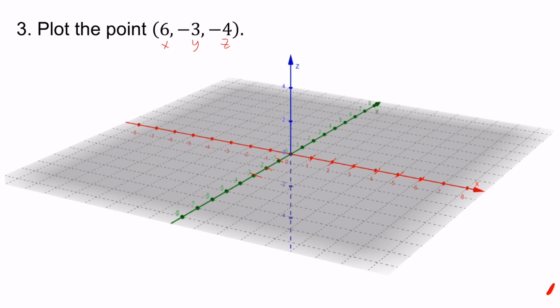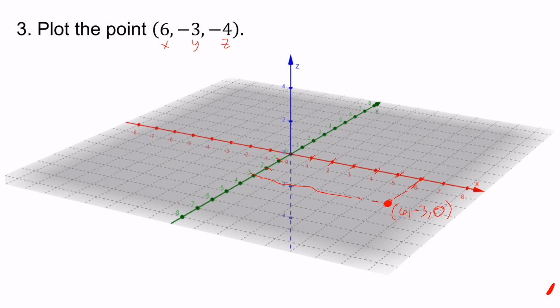So 6 and negative 3 intersect on the xy plane at this point. So this point only is 6, negative 3, 0. Right? I do not have a distance going up or perpendicular with respect to the xy plane.